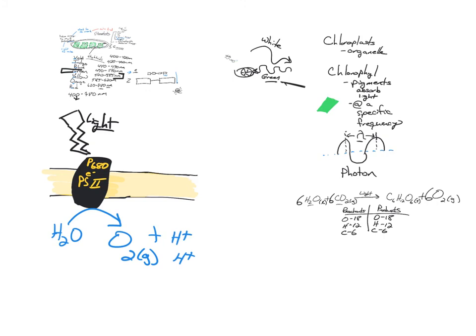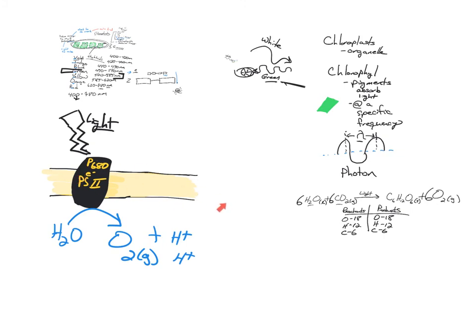We're going to use that to pull the hydrogen on one side. It's called the electron transport chain. We're going to move it from one carrier to the next, and we're going to send that energy that is in that electron to the dark cycles, to the night cycles. We call it the Calvin cycle.